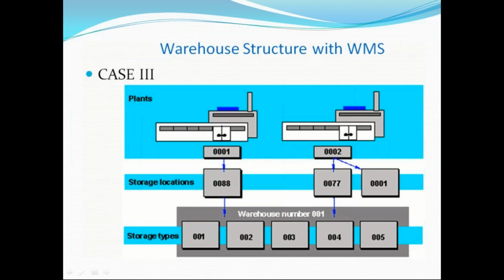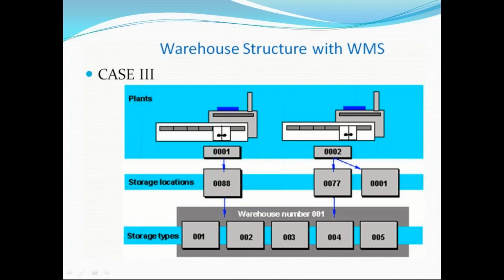The main fundamental concept of warehouse management system is that the plant and storage location have to be linked with a particular warehouse number. Here, plant 0001 and storage location 0088 are linked to warehouse number 001.